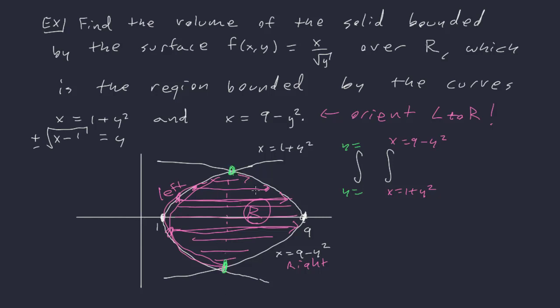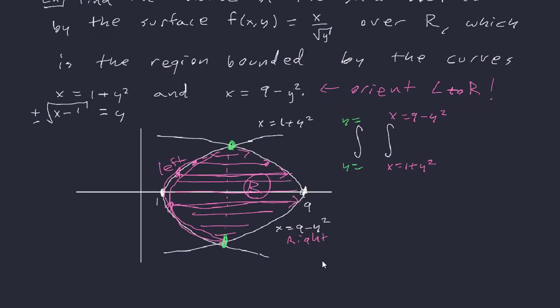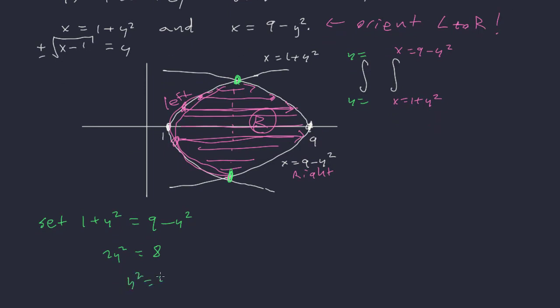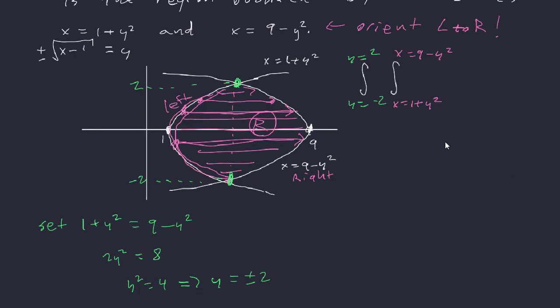So we're going to set 1 plus y squared equal to 9 minus y squared and solve. Okay, so I'll move this y squared over. So I'll get 2y squared on this side is equal to 8. Okay, so y squared is equal to 4. So y is equal to plus or minus 2. All right, so we're going to go from -2 to +2. All right, and there we go. We've set up our integral.